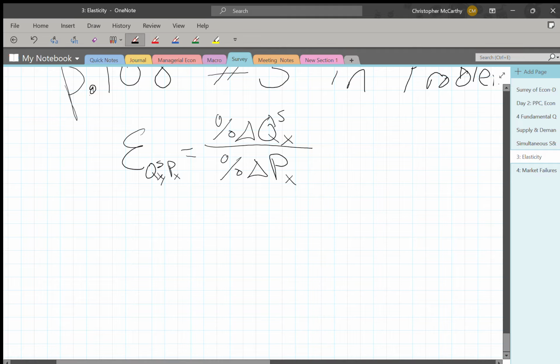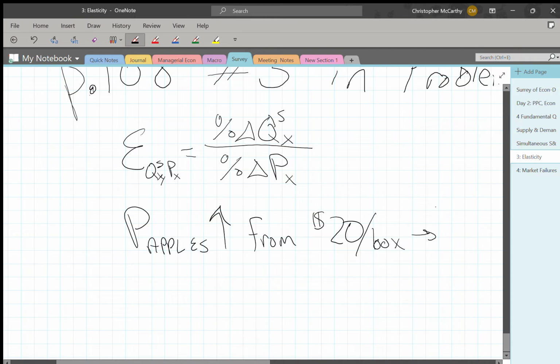So we're told that the price of apples increases from 20 bucks a box to 22 bucks a box.